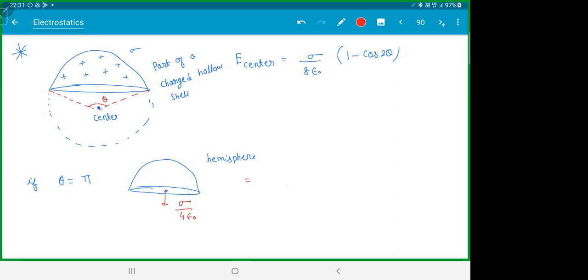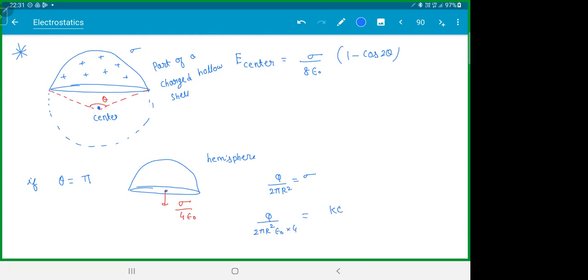Suppose same thing, if you are given in terms of charge, the charge on this will be q by 2 pi r square, which is sigma. If I just substitute there, I end up with q by 2 pi r square epsilon into 4.